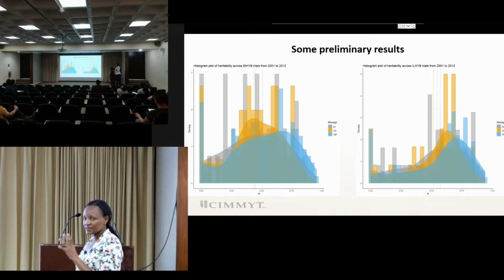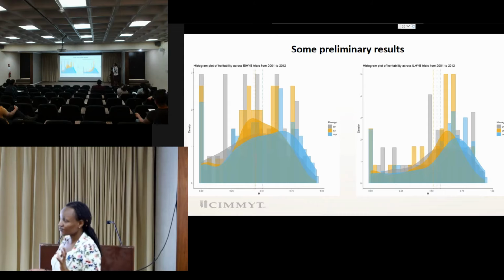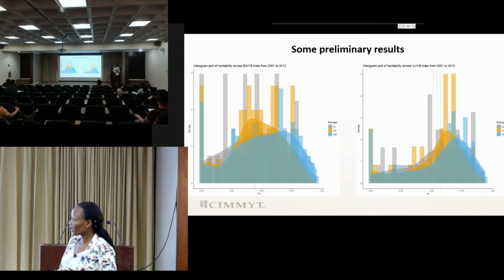This is just a first step into trying to understand the distribution of heritability estimates for trials across years. So in this case, for example, the management conditions are 3. These were the major ones for these 2 groups of hybrids: early to intermediate maturing, and then intermediate to late. So I'm trying to show the distribution of the heritability estimates across trials.